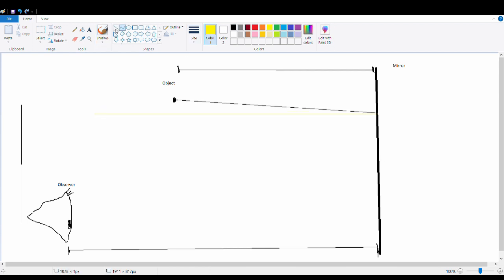The angle between these two things, let's call it alpha 1, will not be the same as the angle here, alpha 2. And that is a problem because we know that the angle always has to be the same.